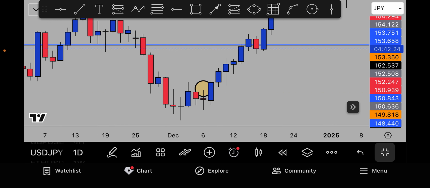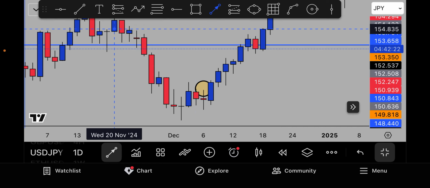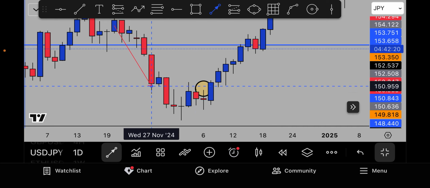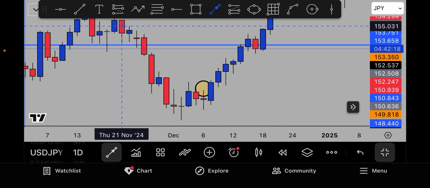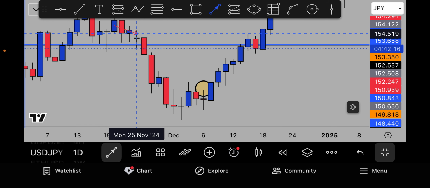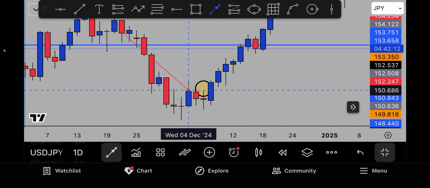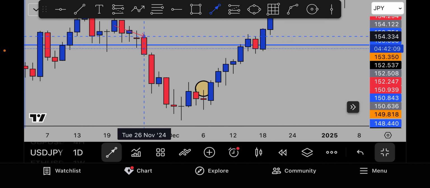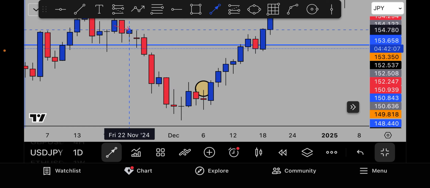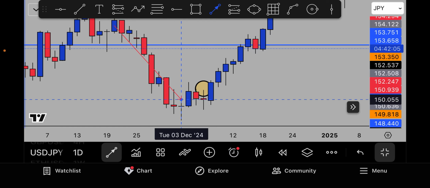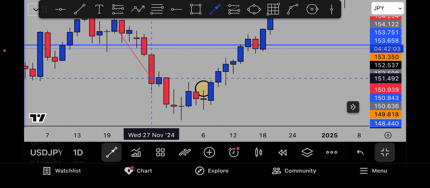Okay. Notice how price was pushing down rapidly. 1, 2, 3, 4, 5, 6, 7, 8, 9, 10, 11. 11 days, price has been going in a downward motion, right? Lots of red candles in this moment.